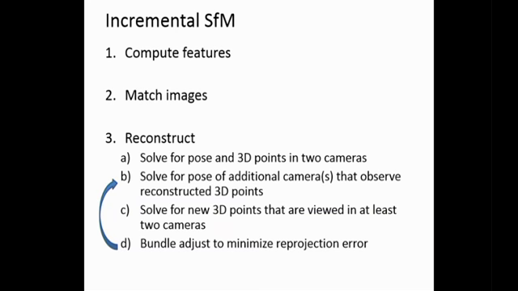Then you do reconstruction, where you first initialize by solving for pose and 3D points from two cameras, and then you iteratively solve for the pose of another camera that has points in common with the first ones, and then solve for new 3D points that are seen by at least two cameras with reconstructed poses, and do bundle adjustment to try to minimize the reprojection error, and then keep on repeating that.